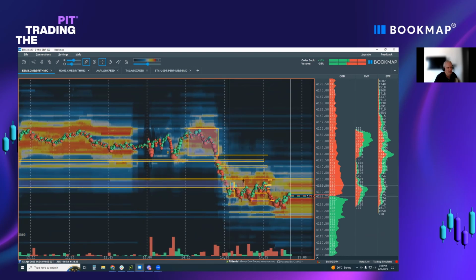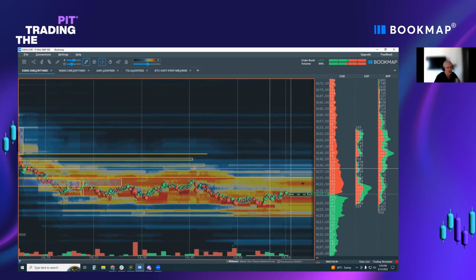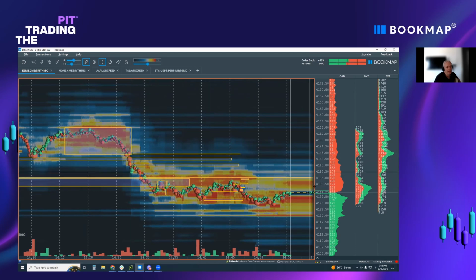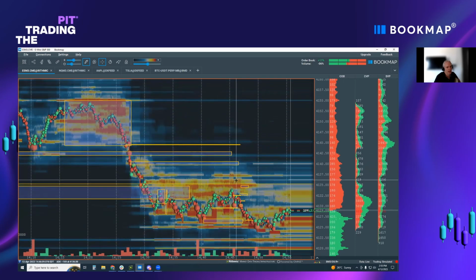Then maybe you're just holding the rest. Maybe you moved your stop down from that higher time frame, maybe down above here around 35.